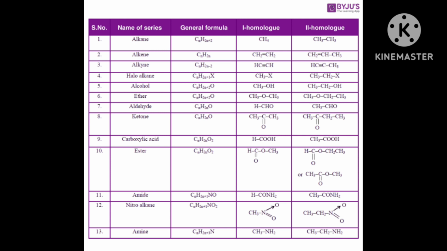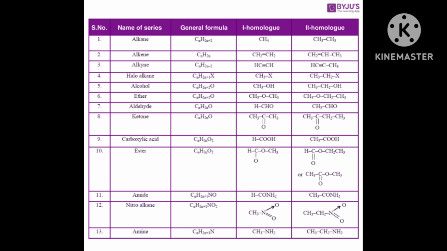Suppose any aliphatic compound is there and OH group is present. Suppose methyl group CH3 is there and OH is attached, then it is methyl alcohol. This is poisonous. And if OH is attached to the ethyl group C2H5, C2H5OH, this is ethyl alcohol.